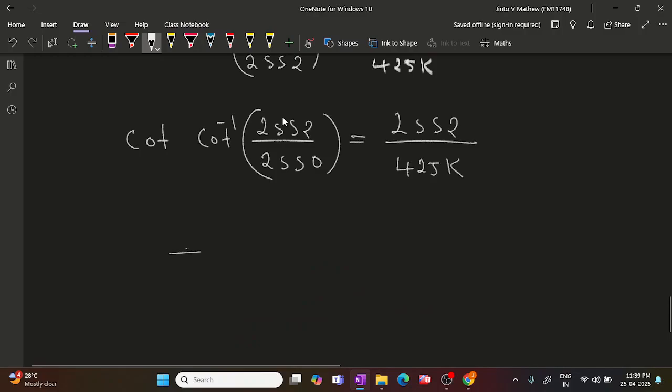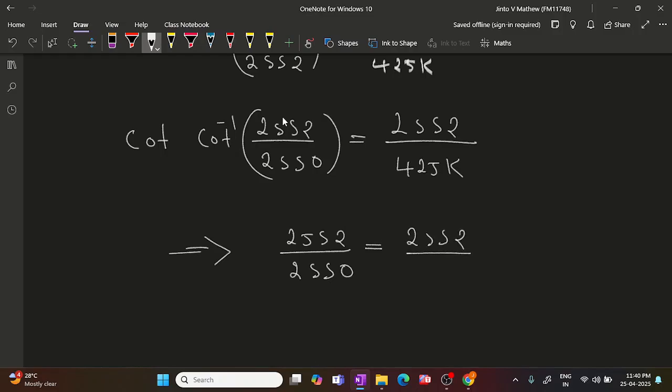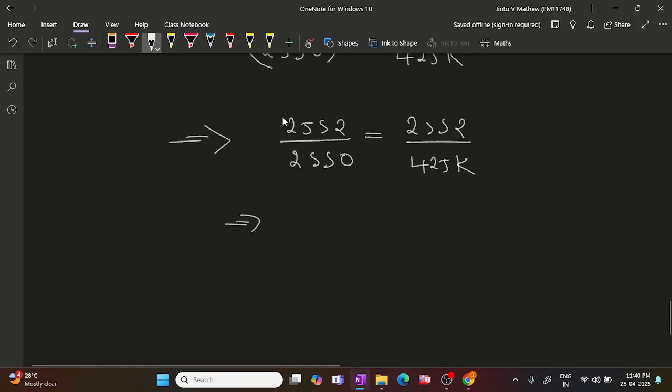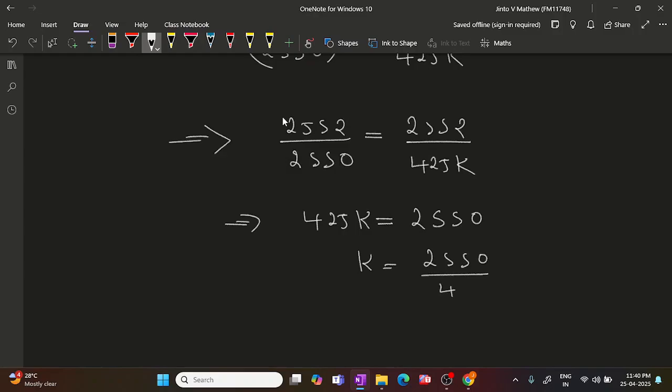From this we can write 2552 divided by 2550 is equal to 2552 divided by 425k. Therefore we can say 425k is equal to 2550. Therefore k equals 2550 by 425. On simplification, it gives the value of k equal to 6. So this is how we solve this problem.